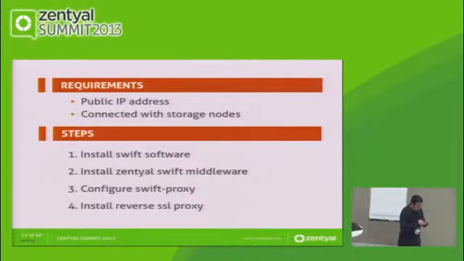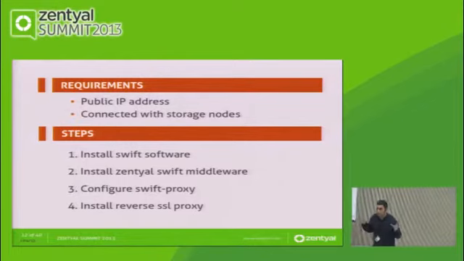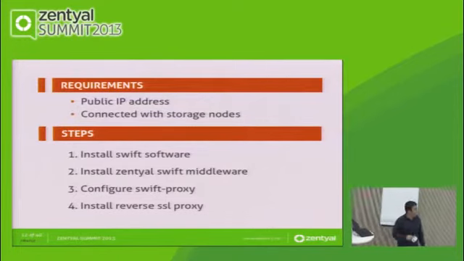So we start the workshop, and we are going to explain how our architecture is going to be shown in this workshop. We are going to have a proxy node that is responsible for connecting the clients and the storage nodes, and 2 storage nodes in order to explain how replication works and how to have high availability in our architecture. So first of all, we need to have a public IP address.